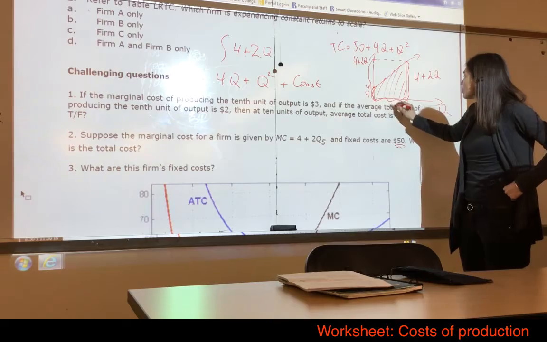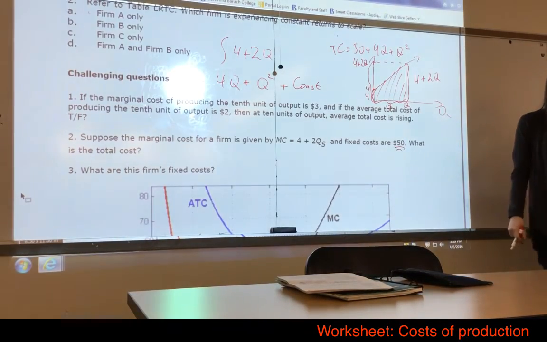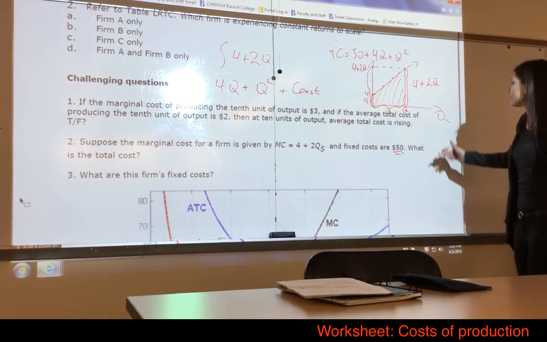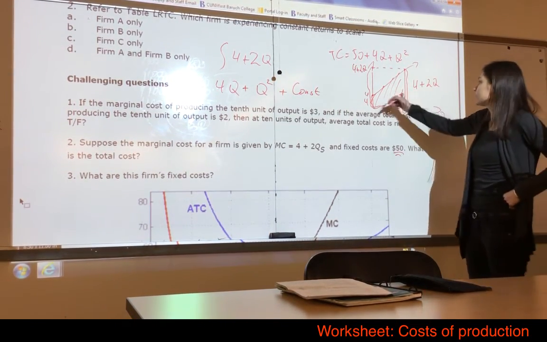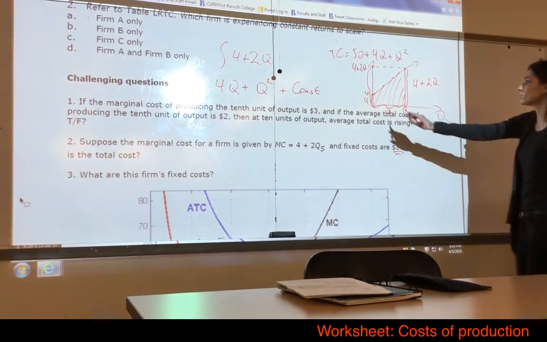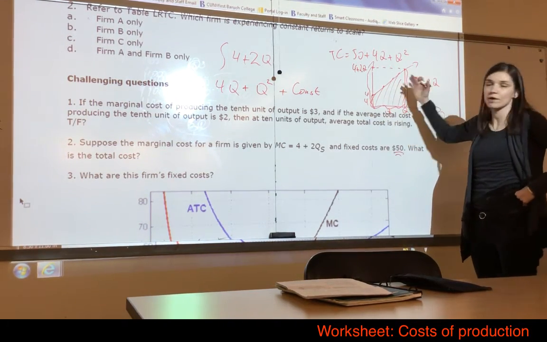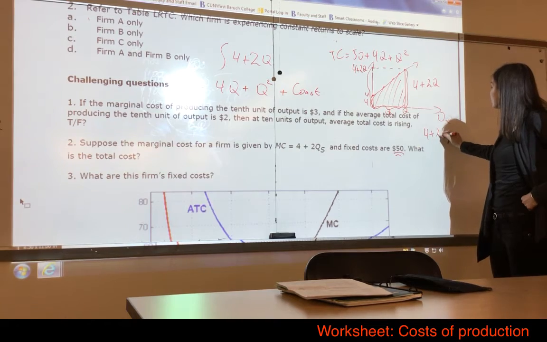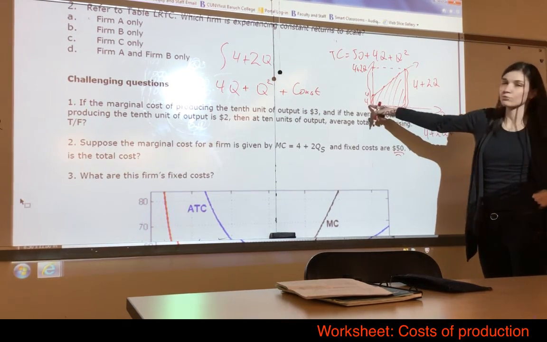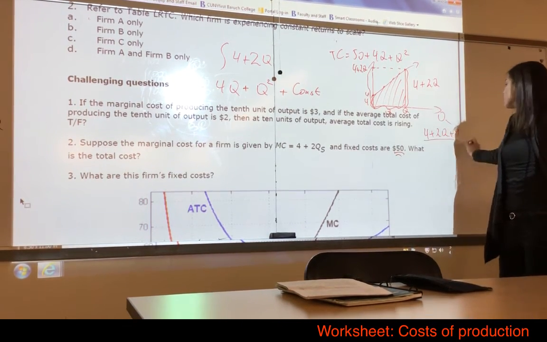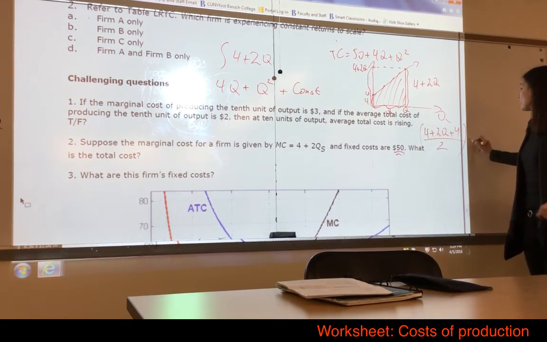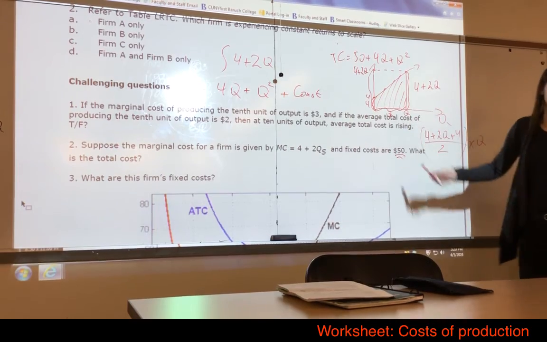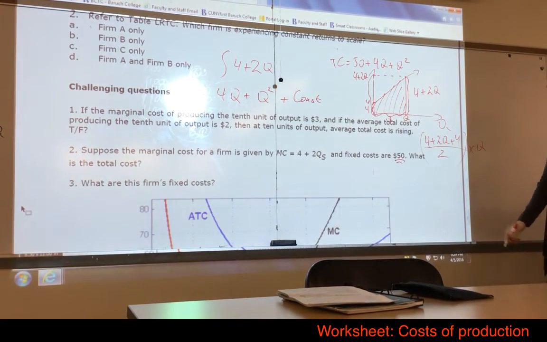And this is q. Agree? Then to find this area, this is a trapezoid, so it's a plus b divided by 2 times h. So it's going to be one side, which is 4 plus 2q, plus the other side, which is just 4, divided by 2, and the whole thing times q. Because this is the height of the trapezoid.